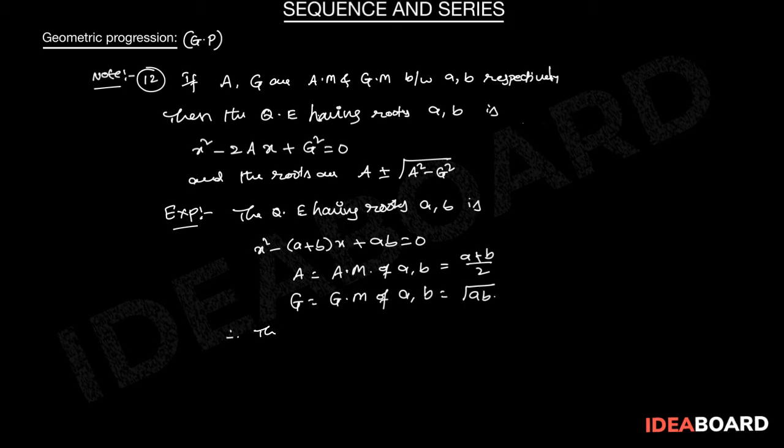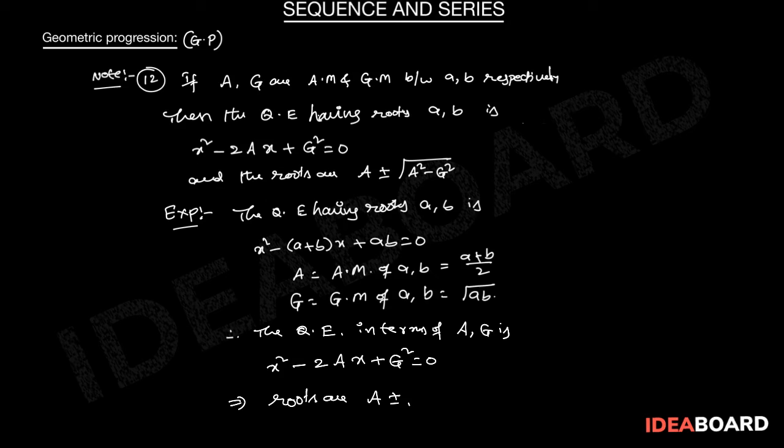Therefore, the quadratic equation in terms of capital A, G is x square minus 2A into x plus G square equal to 0. That implies the roots are A plus or minus square root of A square minus G square, that is one root is given small a that equals A plus square root of A square minus G square, another root small b that equals A minus square root of A square minus G square.